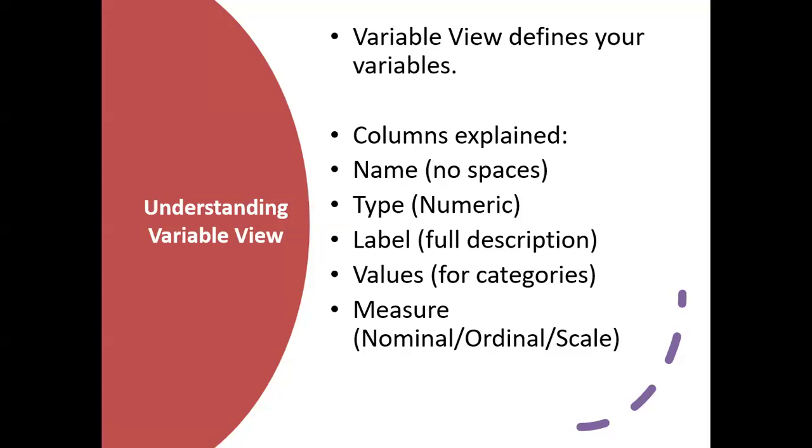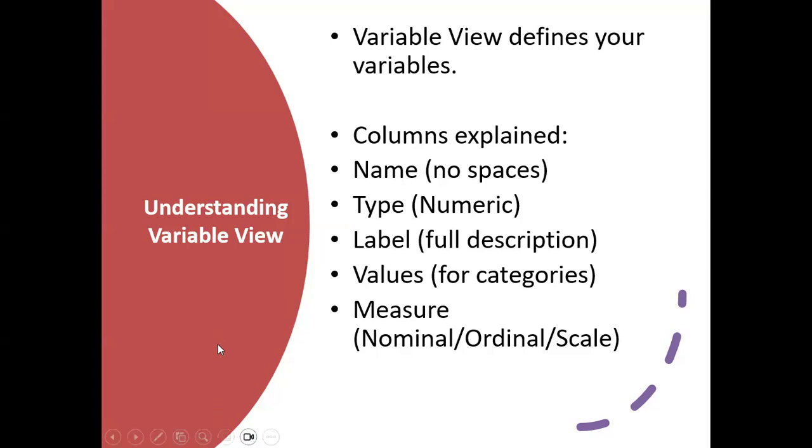For instance, if you are writing GCTU, it has to be written together. Don't leave spaces. If you are writing Ghana Communication Technology University, you can rather separate the words with underscores. But whatever you do, try and find an economical way to communicate it without leaving spaces. Otherwise, it will pop up as an error.